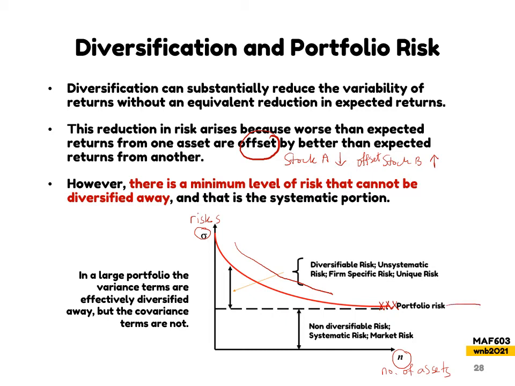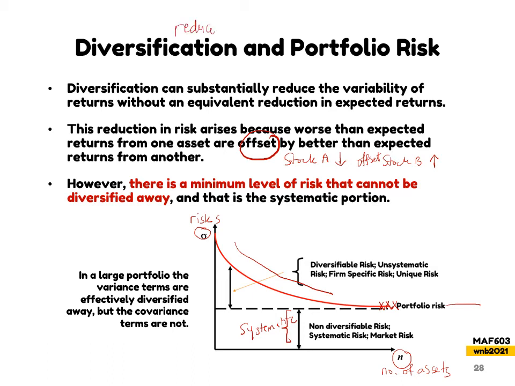Stagnant forever. Here, we call it the systematic risk or systematic portion, which means the risk that cannot be eliminated by diversification. We can say that in a large, well-diversified portfolio, we can reduce the unsystematic risk, but we cannot eliminate the systematic risk. Diversification can only reduce risk.